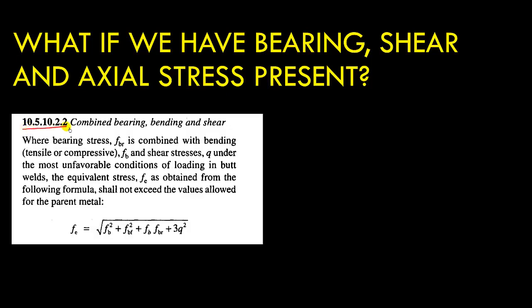Clause 10.5.10.2.2 says: where bearing stresses f_vr in combination with bending, due to either tensile forces or compressive forces, f_v, and shear stresses q act under the most unfavorable condition of loading in the butt weld, the equivalent stress f_e is obtained from the following formula, and this should not exceed the value allowed for the parent metal. That is, it has to satisfy the demand and capacity relationship.